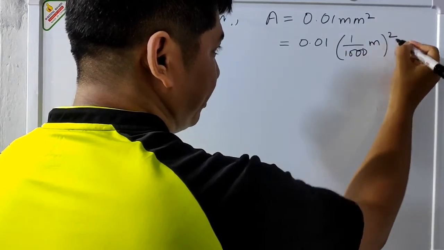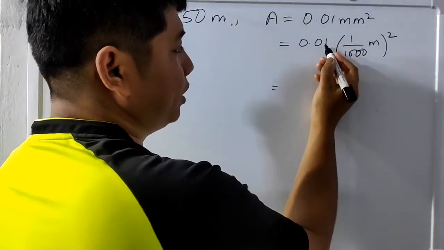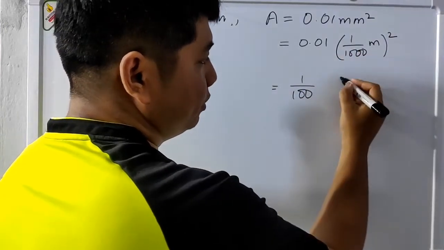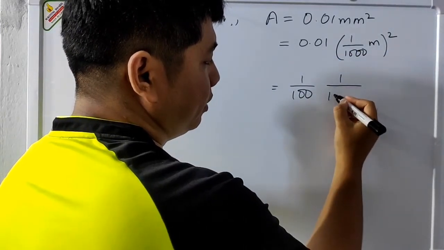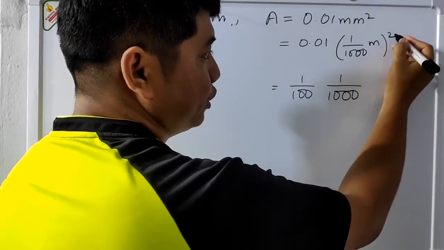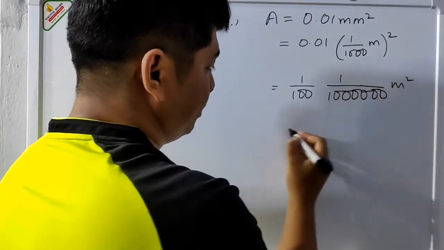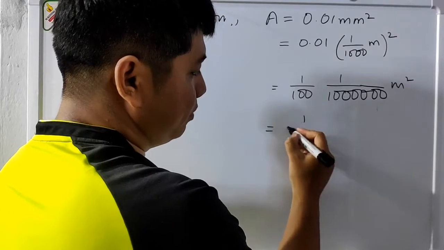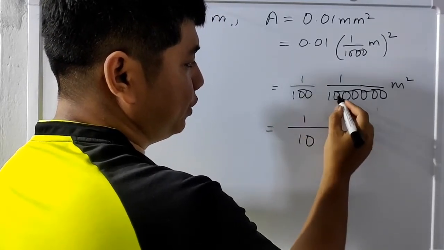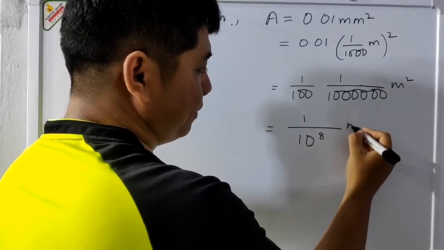It is square. 0.01 is 1 by 100, so 1 by 10, how many zeros will be there? 3 square, so it will be 6 zeros. Meter square. It is 1 by 10 to the power 1, 2, 3, 4, 5, 6, 7, 8. 10 power 8 meters square.